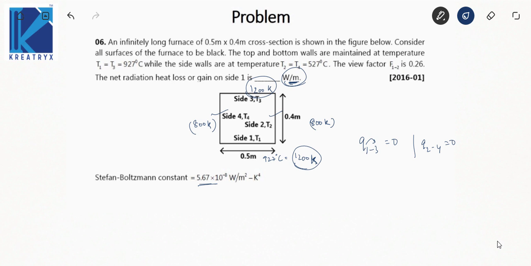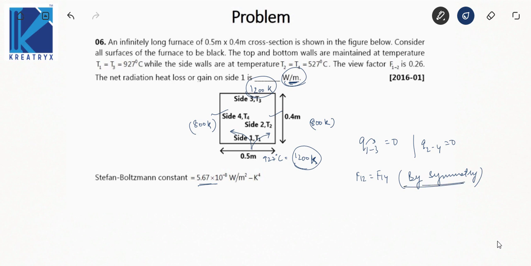Okay, next, very important part, can I say that F12 is equal to F14? How? By symmetry. Can I say that? Yes, I can. See here that the fraction of radiation energy from 1 to 2 will be same as the fraction of radiation energy from 1 to 4. Why? By symmetry.